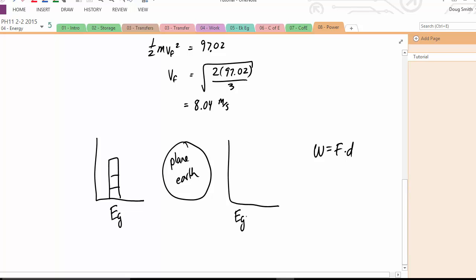We're analyzing it when it's just about to hit the ground, so there'll be no gravitational energy at the end, and there'll be kinetic energy. We could say there's thermal energy lost, but in this question I'm going to treat it as work. So one block of work is coming out.